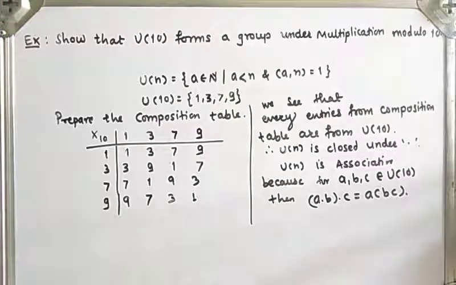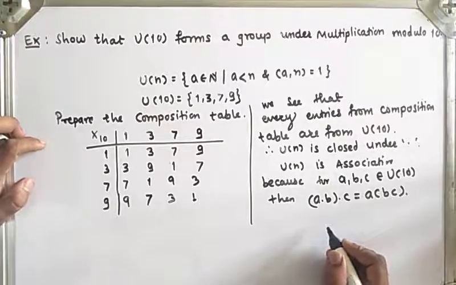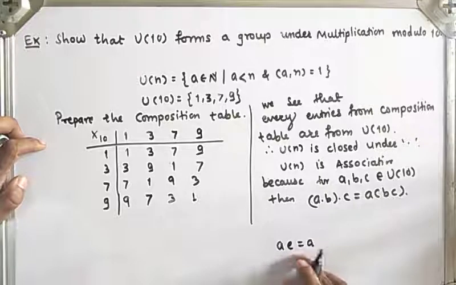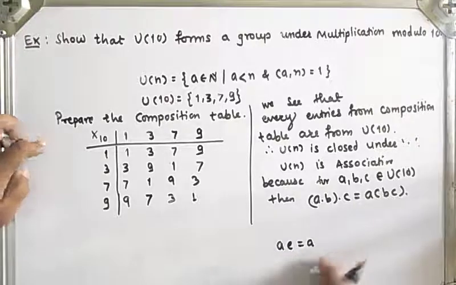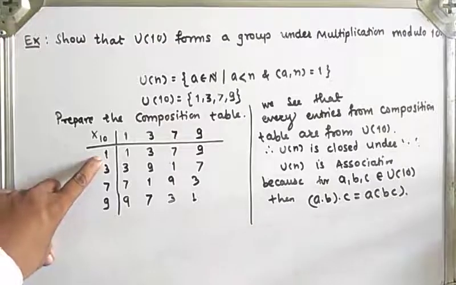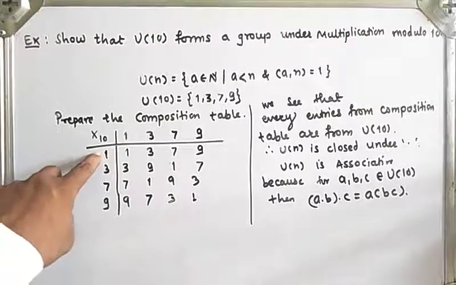Now existence of identity. What is the definition of the identity element? If A into E is equal to A, then we say that E is the identity element, right? So here the identity of 1 is 1.